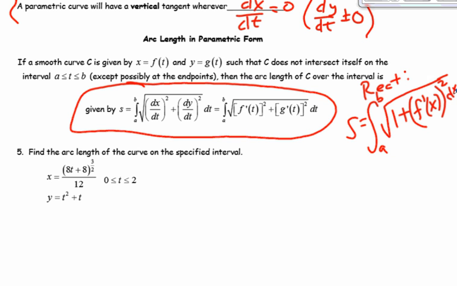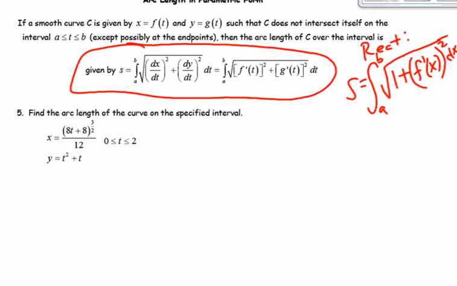So that's with the one function. So now if we have the two functions, it's very similar. It's just instead of 1 plus the function squared, we have the derivatives of both components, and we just square them. So we have dx/dt squared plus dy/dt squared instead of the 1. Okay, so that's something that you need to memorize. So now let's get practice with that.